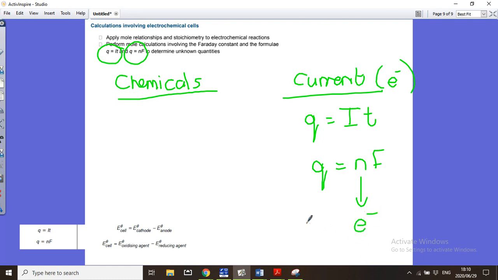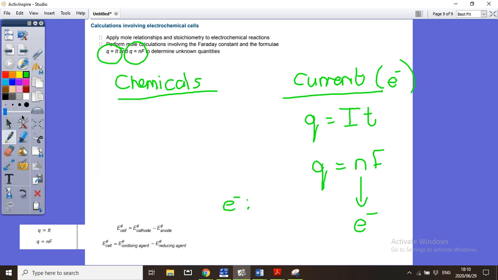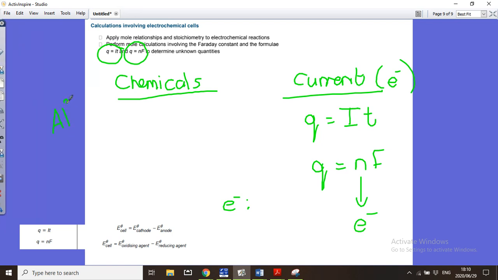Once you have your moles of electrons, you're going to use plain stoichiometry, the ratio of electrons to chemical. Let's say we were using our aluminium reaction again. Remember, it was Al3+ that took up 3 electrons to form aluminium. So the ratio is 3 electrons to 1 aluminium.